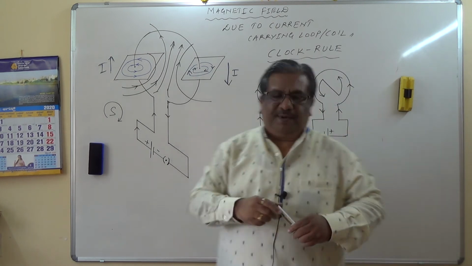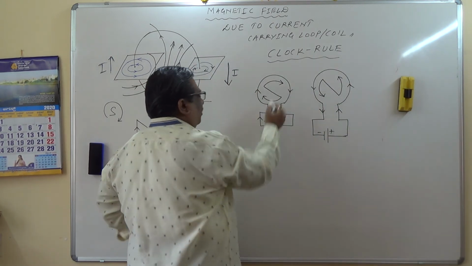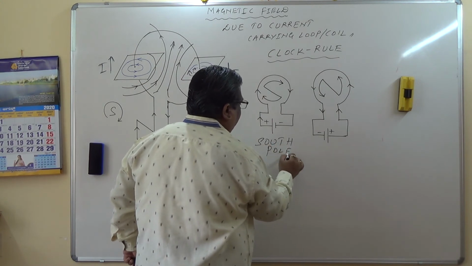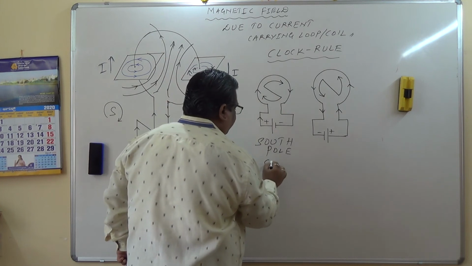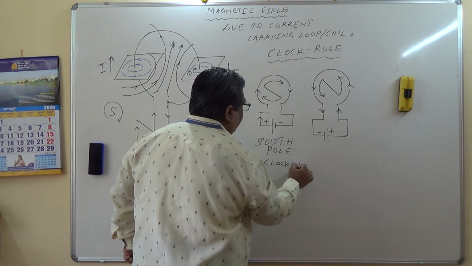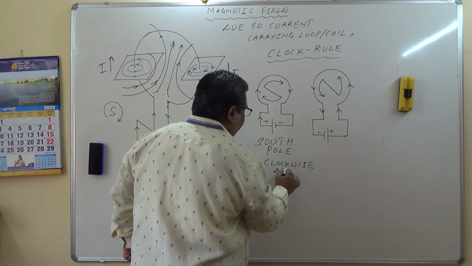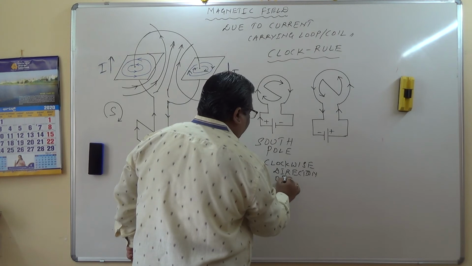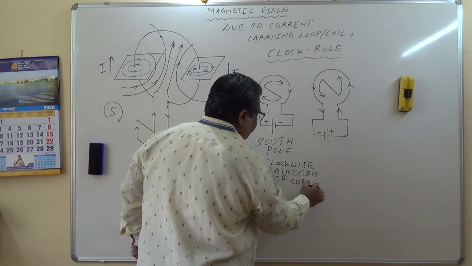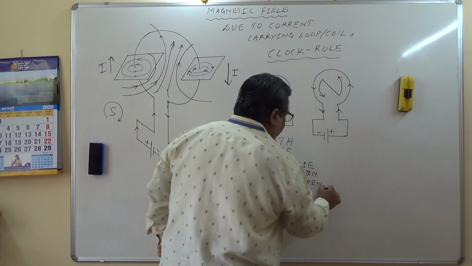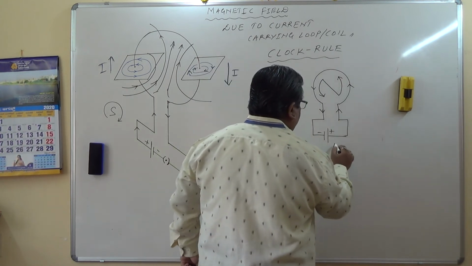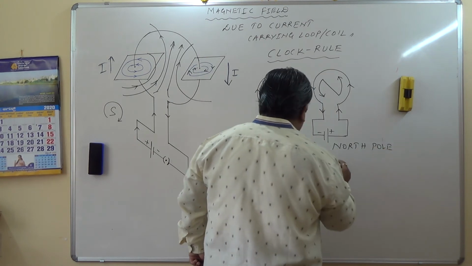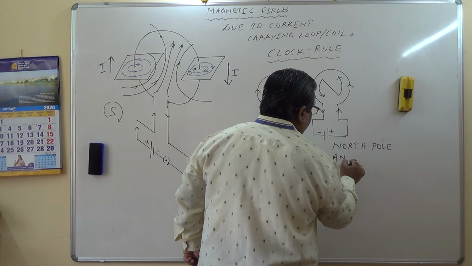A little bit of information I'll write over here. This is south pole for clockwise direction of current, and this is anti-clockwise direction, north pole if current flows in the anti-clockwise direction.